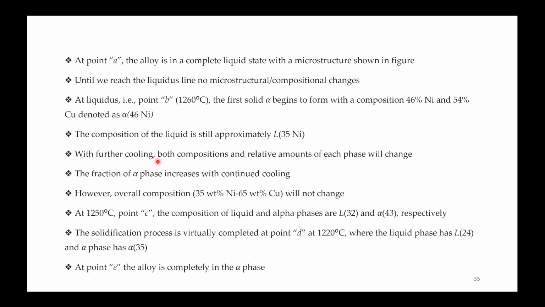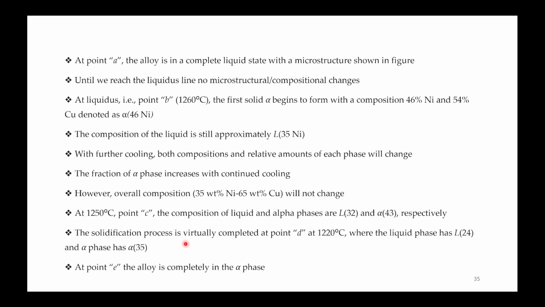With further cooling, both the composition and relative amounts of each phase will change, and the fraction of alpha phase increases with continued cooling. However, the overall composition, 35 weight percent nickel and 65 weight percent copper, will not change. At 1250 degrees Celsius, point C, the compositions of the liquid and alpha phases are L32 and alpha 42 respectively.